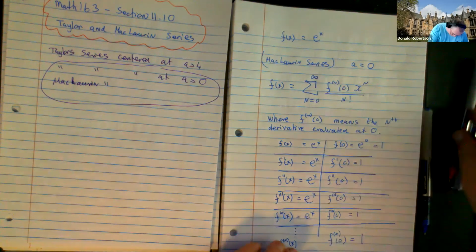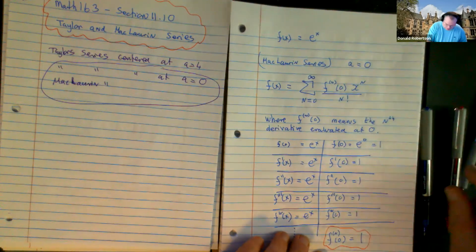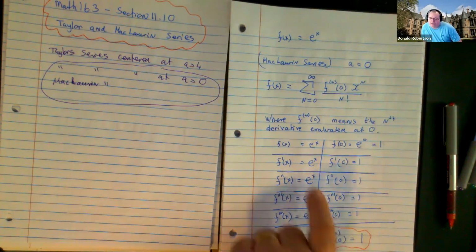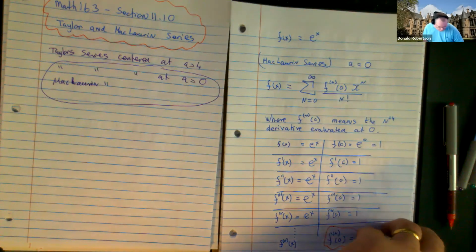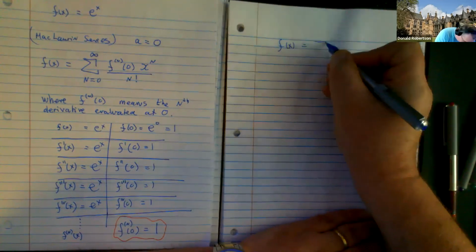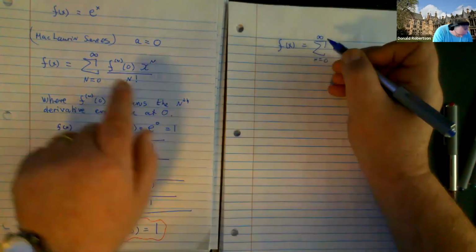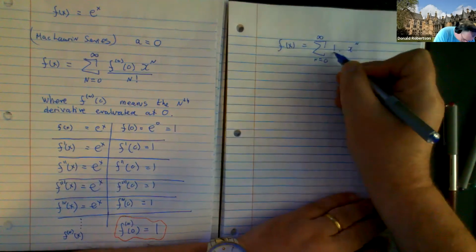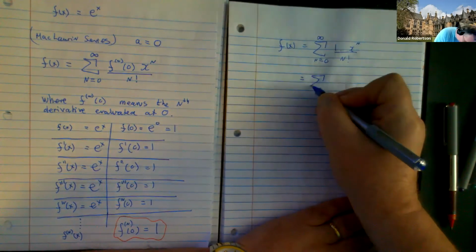So your goal is to find that. What is the nth derivative of your function at 0? In this case, it's very trivial. It's always the number 1, which means I can then go here and do sigma n equals 0 to infinity, the nth derivative at 0 is 1, x to the n over n factorial. And then you just tidy it up a little bit.